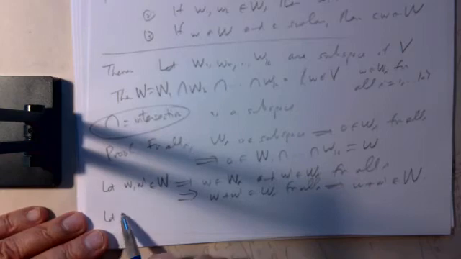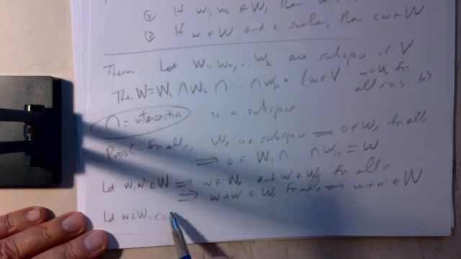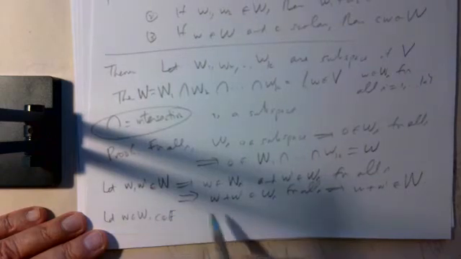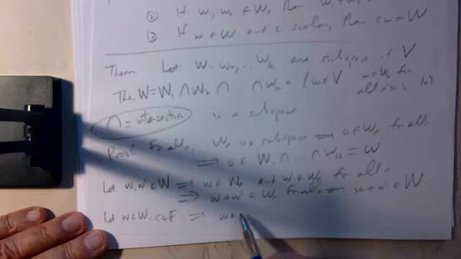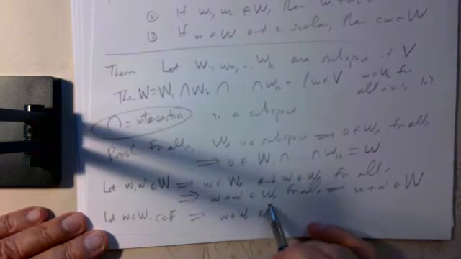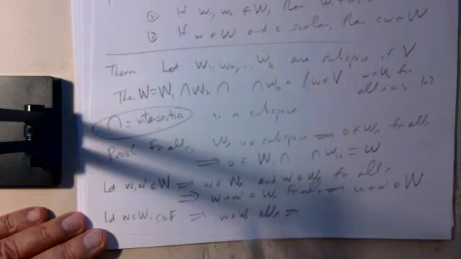And similarly, let W be in W and let C be a scalar. So W is in W sub i for all i, and Wi as a subspace is closed under scalar multiplication.